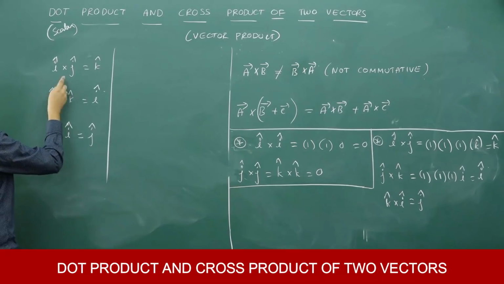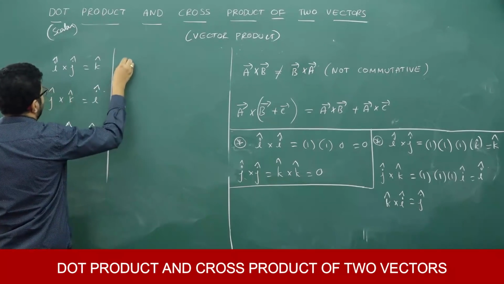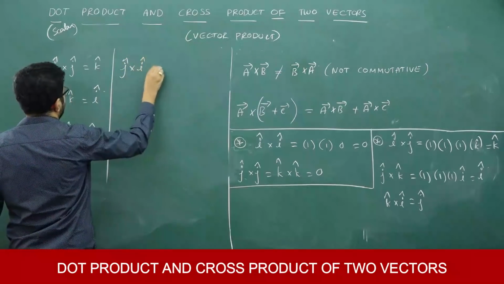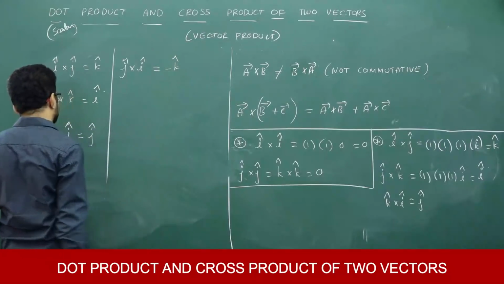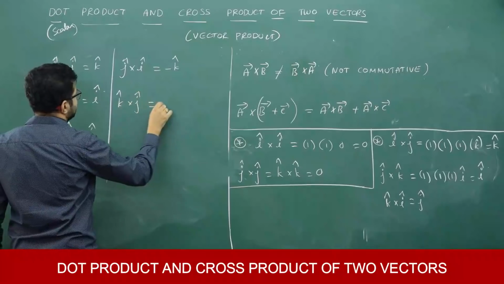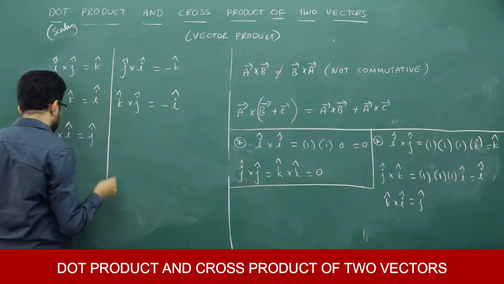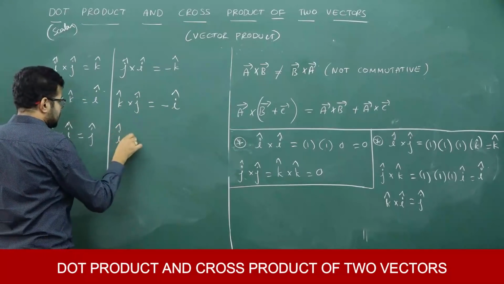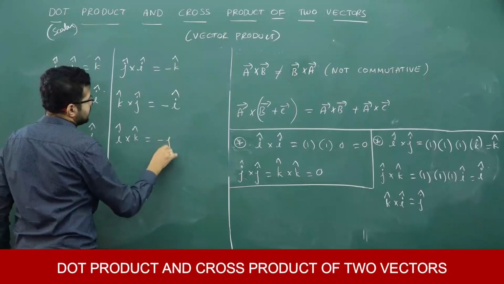If you reverse the order, j cross i is minus k cap, k cap cross j cap is minus i cap, i cap cross k cap is minus j cap.